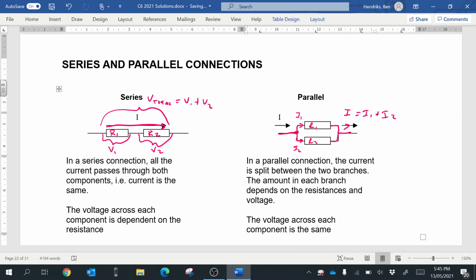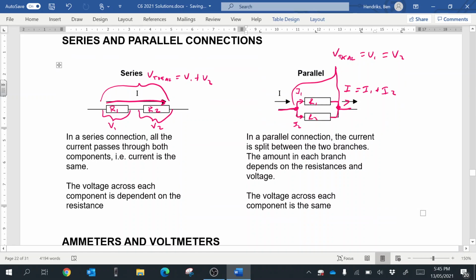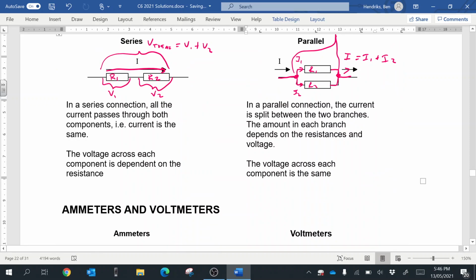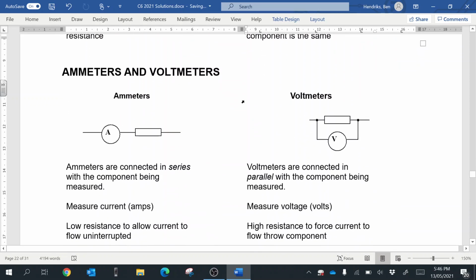If you take the voltage across either of the two resistors, they both share the same points. So V total is equal to V1, which is also equal to V2. The voltage is the same across both resistors. The notes summarize that for you.